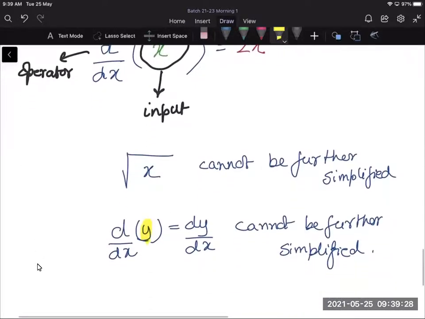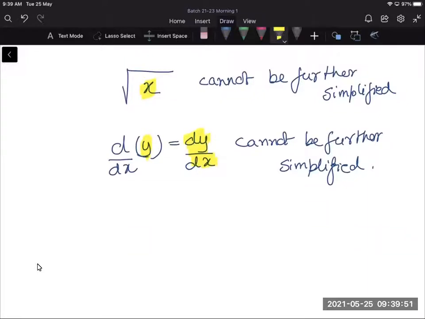But if you see another variable here, then you just write it as dy by dx. That's it. End of story. Just like here, if it is root x, you cannot do anything. In the same way, here also you cannot do anything. It cannot be simplified.